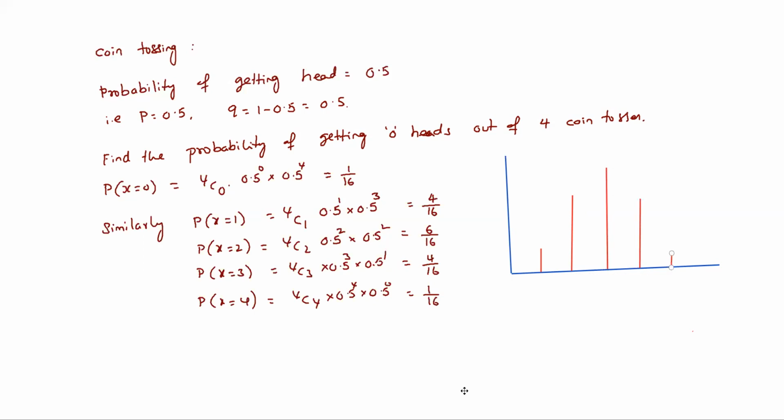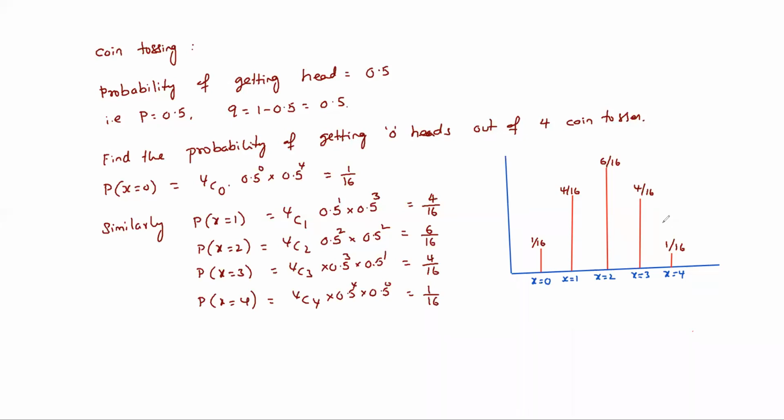Okay. X equal to 0, 1, 2, 3, 4. These values are 1 by 16, 4 by 16, 6 by 16, 4 by 16, 1 by 16. See, total probability must be 1, right? 1 plus 4 plus 6 plus 4 plus 1, how much? 16 by 16, that is 1. So this is the distribution.